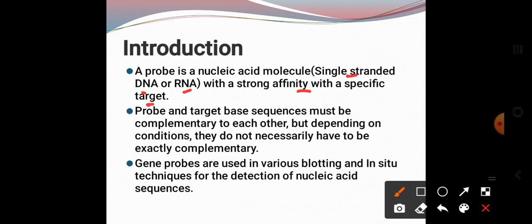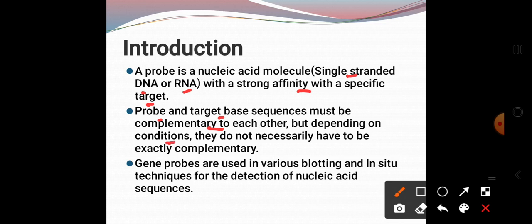Here the probe is a nucleic acid molecule which may be single stranded DNA or RNA. It should have a strong affinity towards the specific target. The probe and the target base sequences must be complementary to each other, but this depends on the conditions.